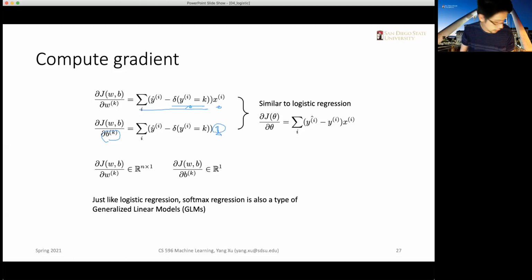We don't need to know all the details of how softmax regression is computed, or how the gradients for softmax are computed, but it's basically the same thought as the logistic regression model.